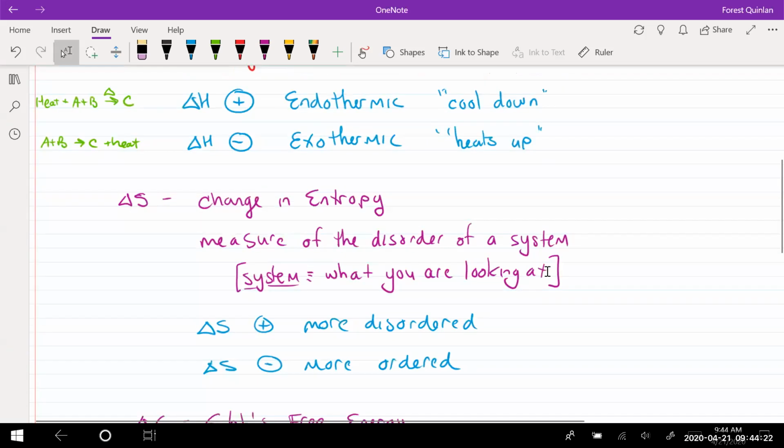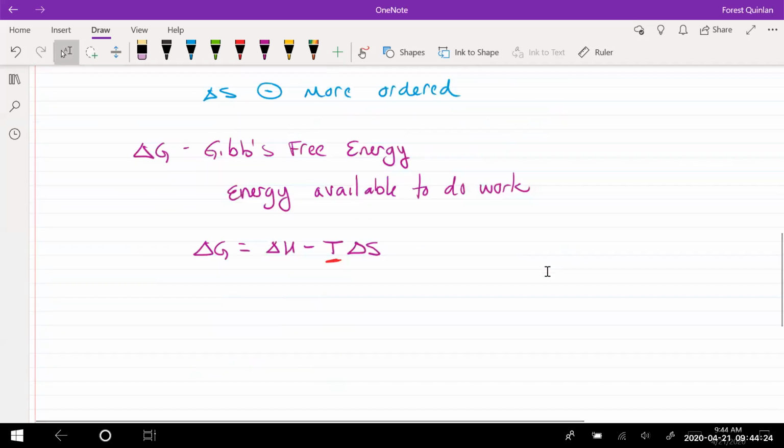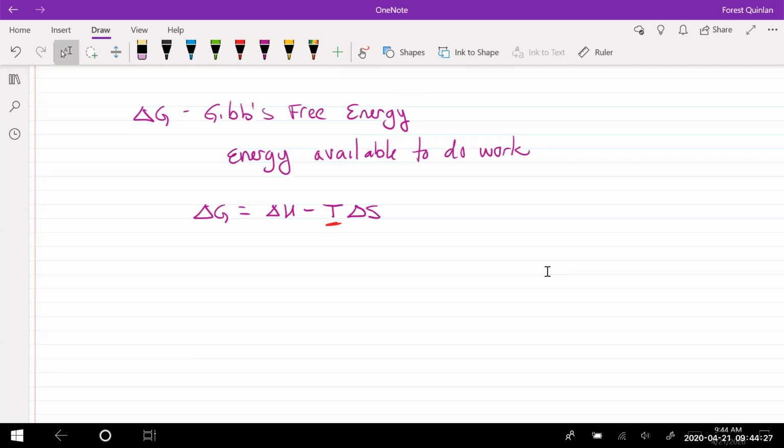Entropy is more ordered or disordered. Delta G actually talks about what I spoke of probably in the first day we ever got together. And that is delta G, if it is negative, that means that the reaction is spontaneous as written.